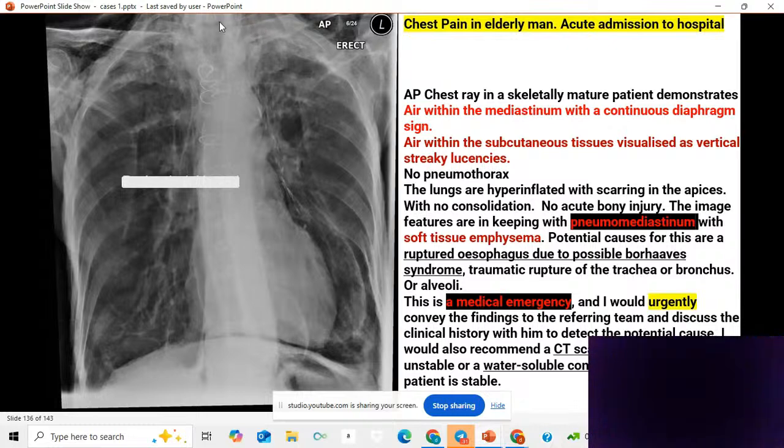Evidence of soft tissue emphysema is seen here as air within the subcutaneous tissue, visualized as vertical lucencies in the soft tissue.